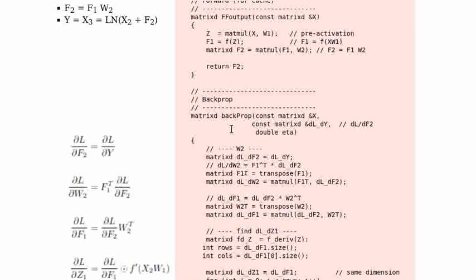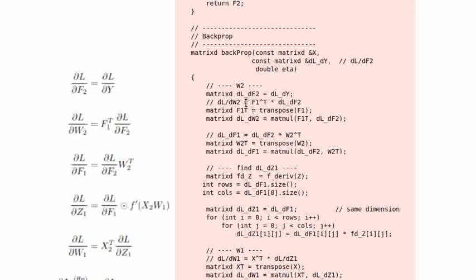Now this is the backprop routine. So the input X is given. Also the dL/dy is given. We assume that it is equal to dL/dF2, and also eta is the learning constant. So for W2, we use this formula. dL/dW2 is equal to F1 transpose times the dL/dF2. It is straightforward.